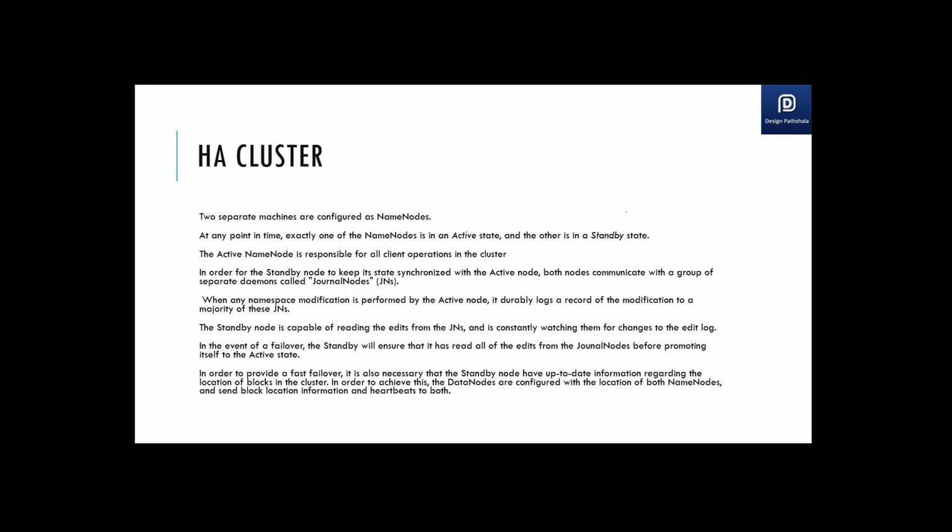And in such a scenario, it will send a signal to other data nodes which are up and which have the copy of the blocks maintained by that data node to re-replicate those blocks so that the replication factor in the system is maintained.